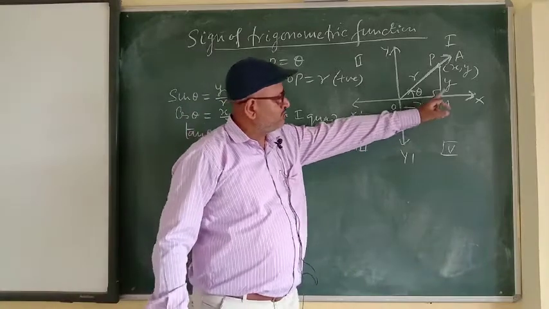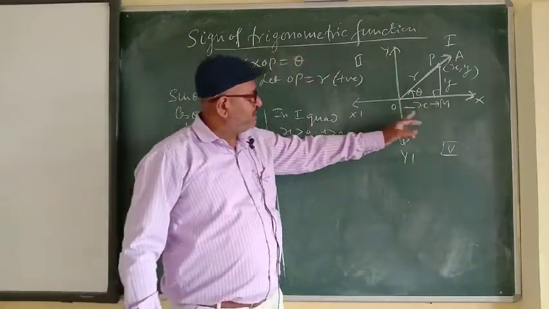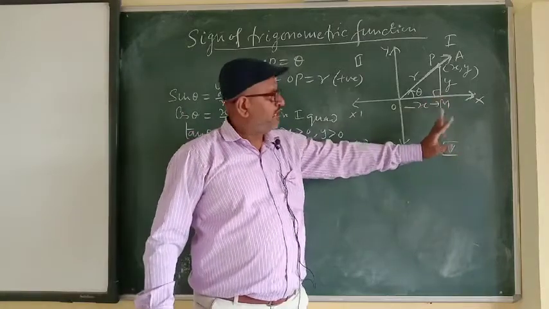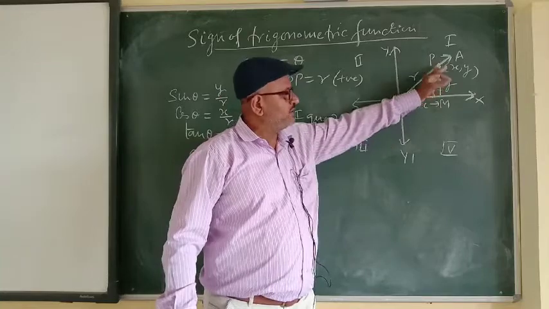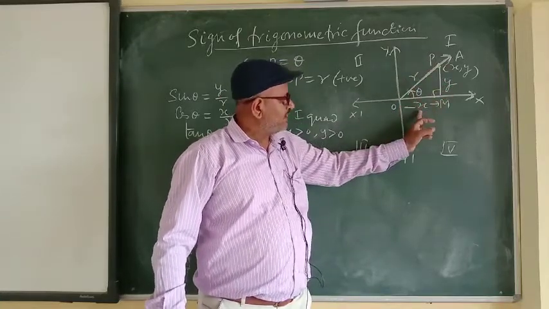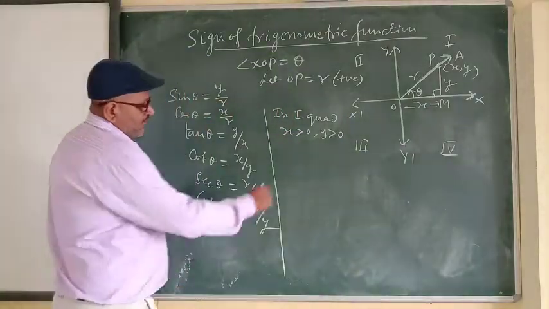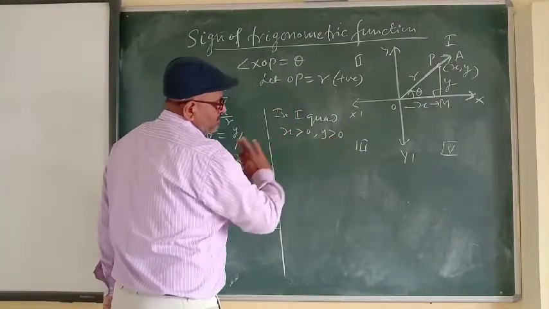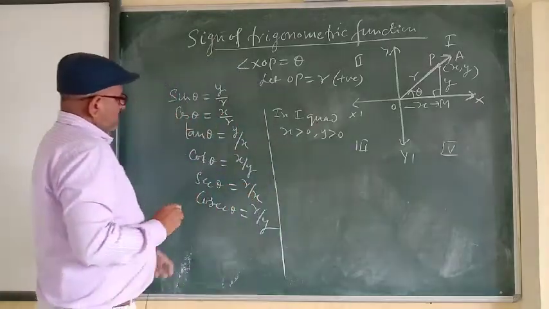The sign of a trigonometric function depends upon the signs of x and y, because r is always positive, the distance between these two points.